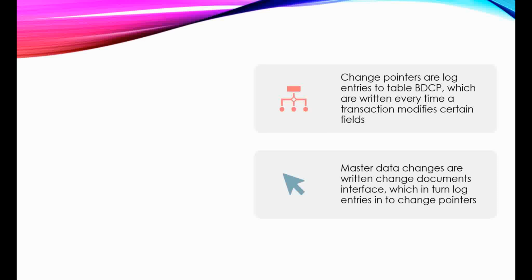While changing the cost center master data name, at that time the change pointer will trigger automatically, and an outbound IDOC should be created. The field name in cost center master data for name is KTEXT1. If any change happens to the KTEXT field, automatically an outbound IDOC will be created.